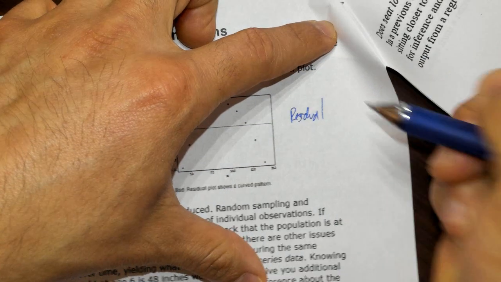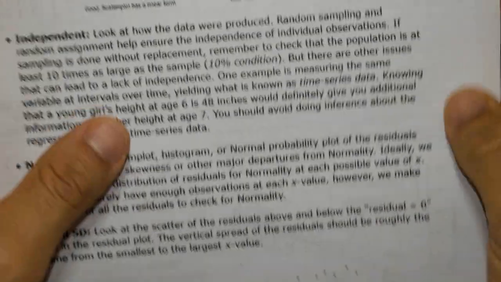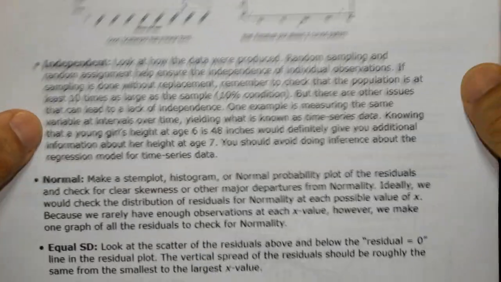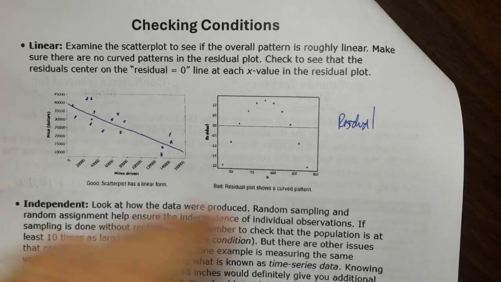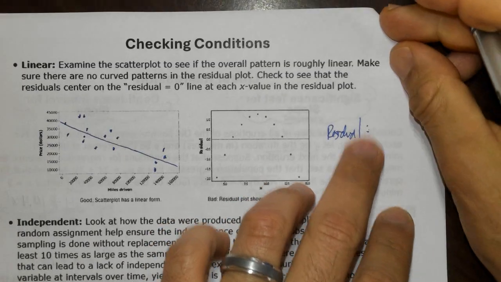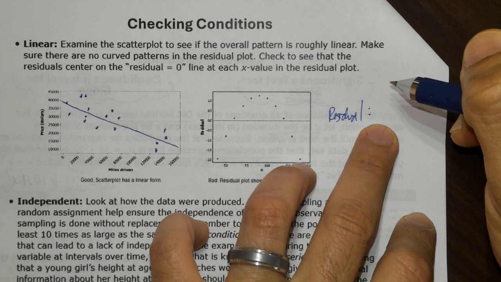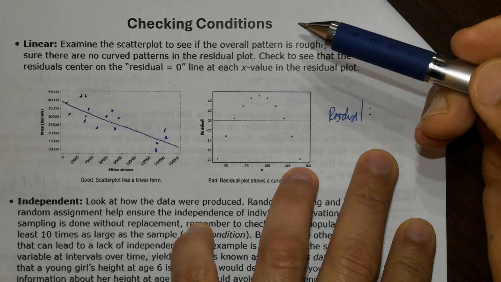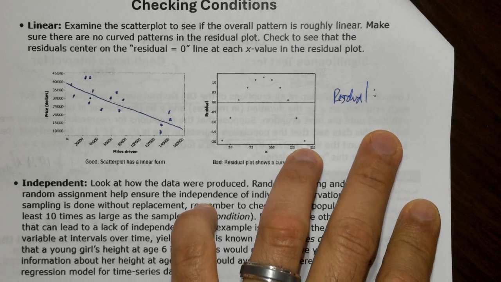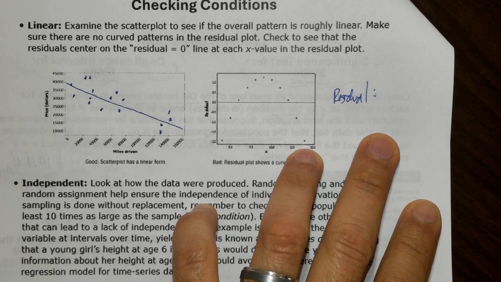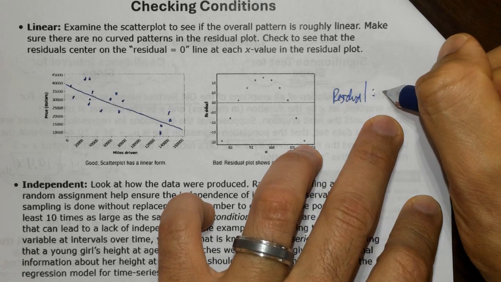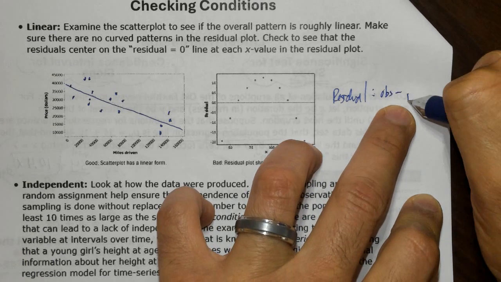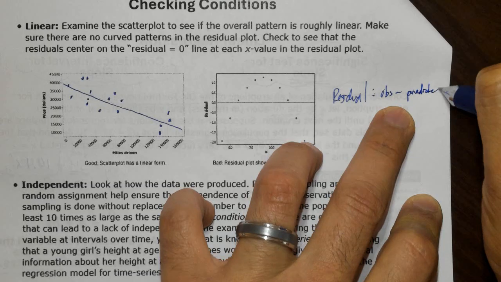What language did y'all use? Observed minus expected? Okay. I mean, yeah, that's usually what happens. You use what was the other one over there? Experimental, like the actual data point, right? Minus the expected or predicted, depending on what word you want to use, right? Observed minus predicted or expected.